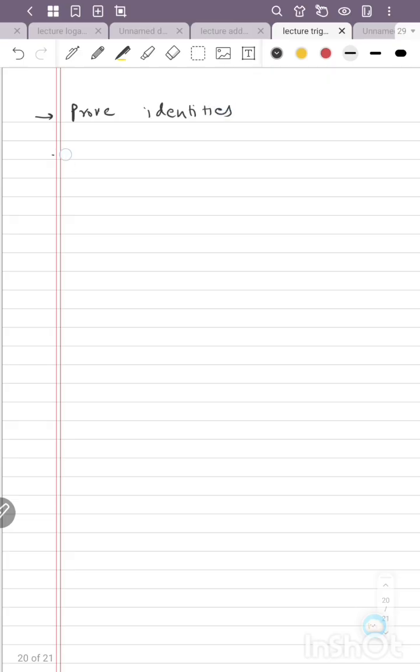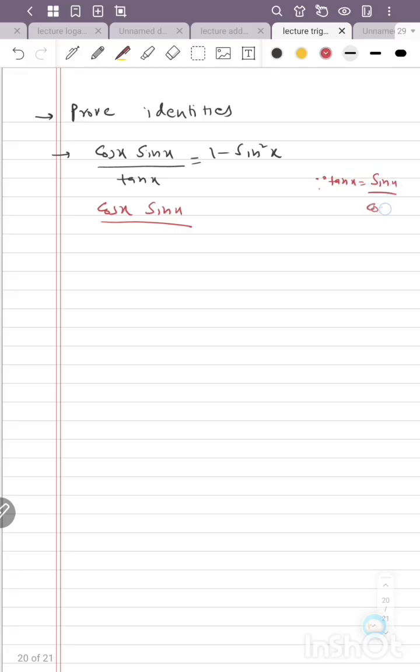Our first question is cos of x sine of x divided by tan of x equals 1 minus sine square x. Dear students, how do we write this question? We know that tan of x equals sine x over cos x, the ratio of sin x and cos x.